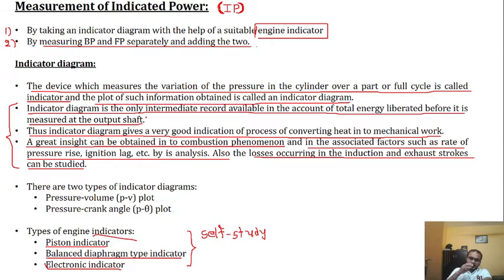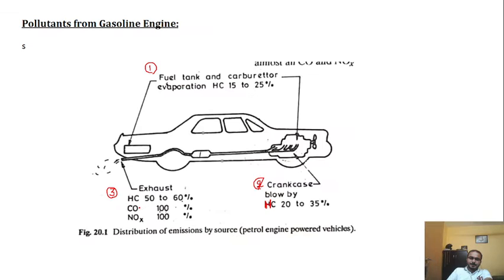It gives many benefits, like indication of the process of converting heat into mechanical work. Other things like combustion phenomena, and associated factors such as pressure rise, ignition leak, losses can be analyzed with the help of the indicator diagram. There are two types of indicator diagrams: pressure volume and pressure crank angle diagram.